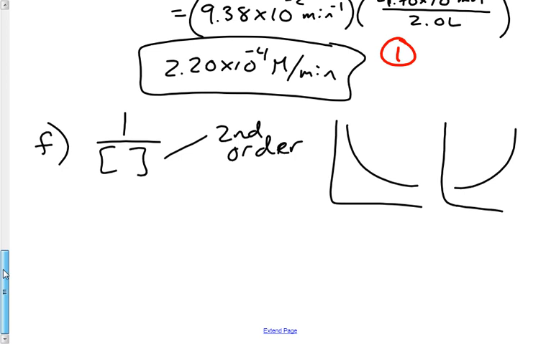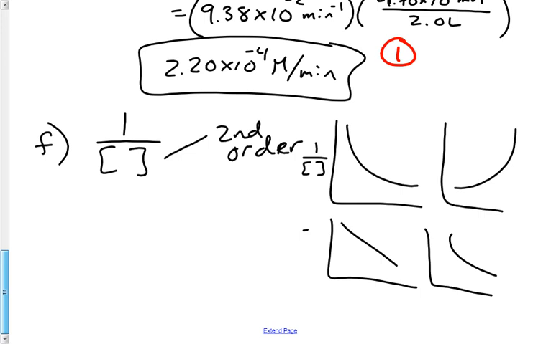If it's plotted on here no matter what, it always has a negative slope, right? Or am I wrong? What is all the negative slopes? In this case, I want to make sure you're confident in this. Why do I know those are the negative ones?